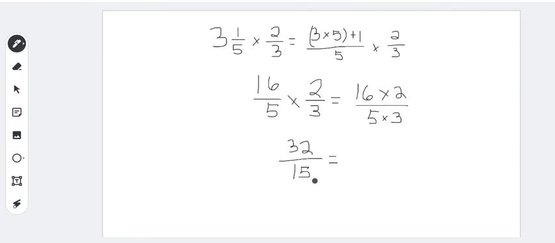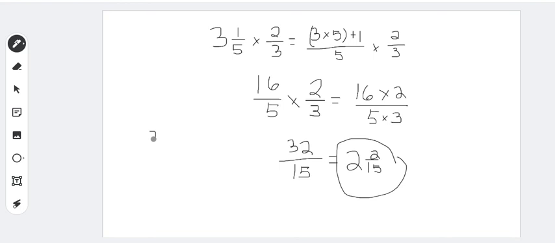Now I know 15 goes into 32 twice, and 15 times 2 is 30, and 32 minus 30 is 2, and my denominator stays the same, so it'd be 15. So it's 2 and 2/15.